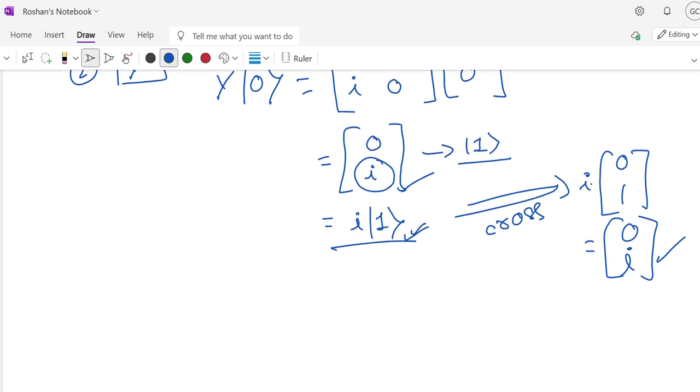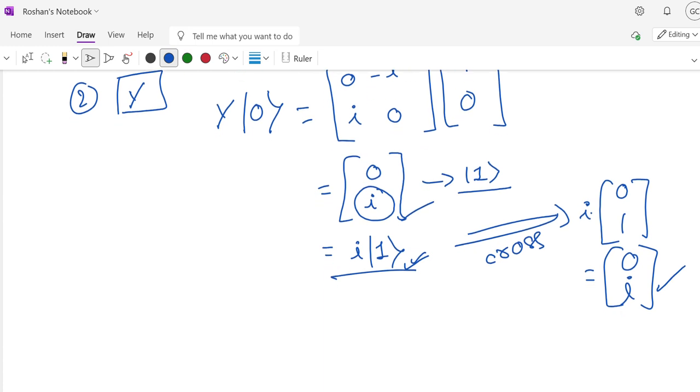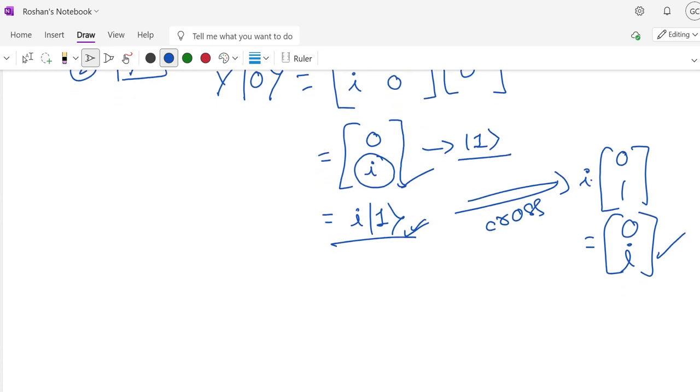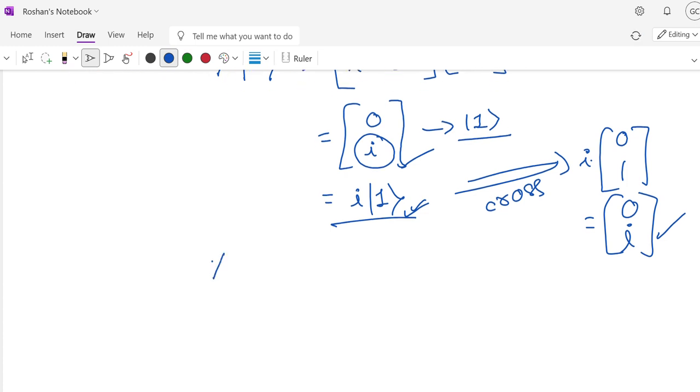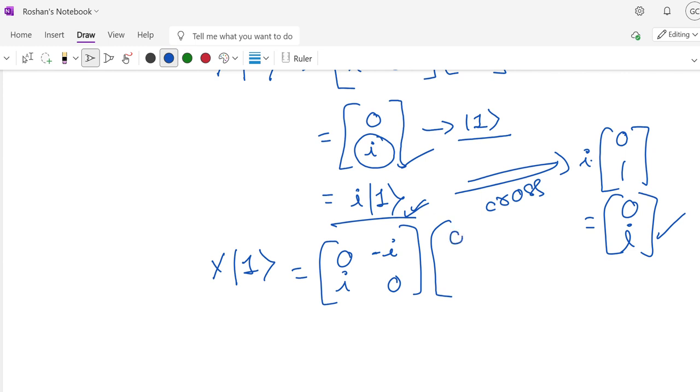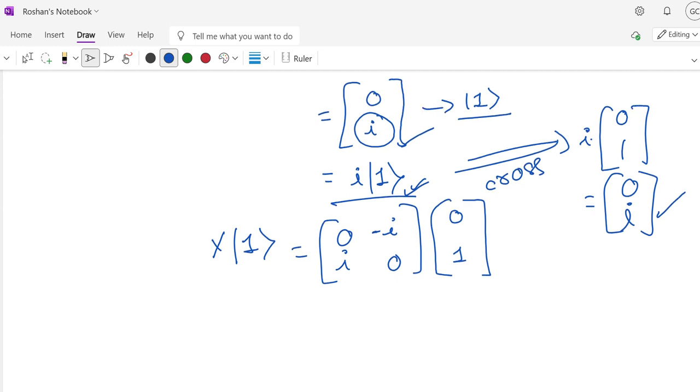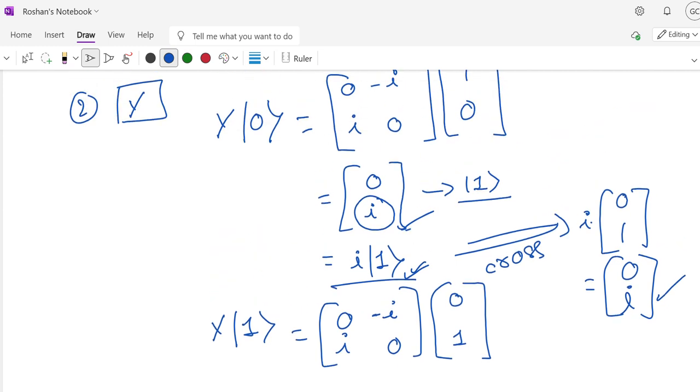Now I have explained the Pauli-Y gate on the 0 qubit. Now the Pauli-Y gate on the 1 qubit. The Y gate is 0, minus i, i, 0, times the 1 qubit, which you write as 0, 1. This is how you represent it in matrix. Sorry, I forgot to mention the output will result in a 2 by 1 matrix.